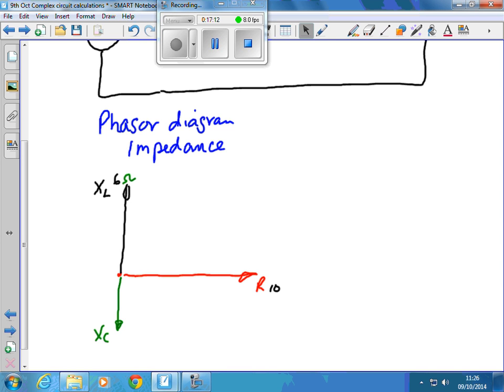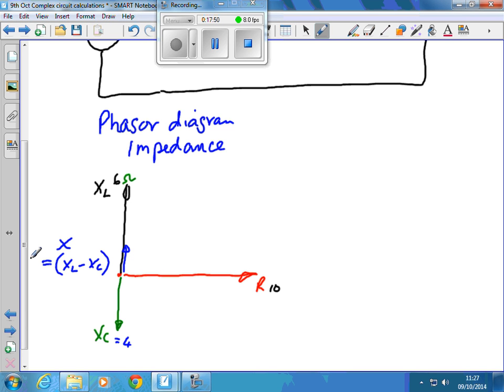So what we get with reactance is the overall reactance X, a line up here that is 6 take away 4. So we end up with a value X, and that is equal to XL minus XC, the difference between the inductive and the capacitive reactances.